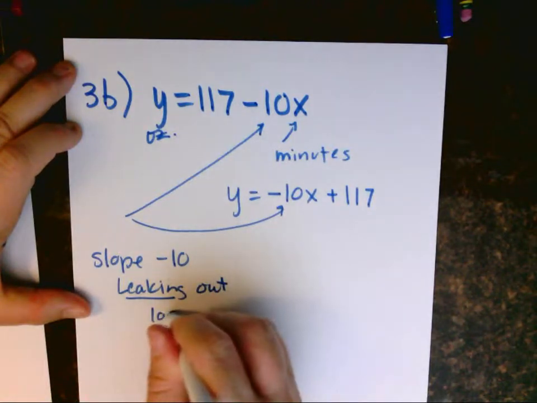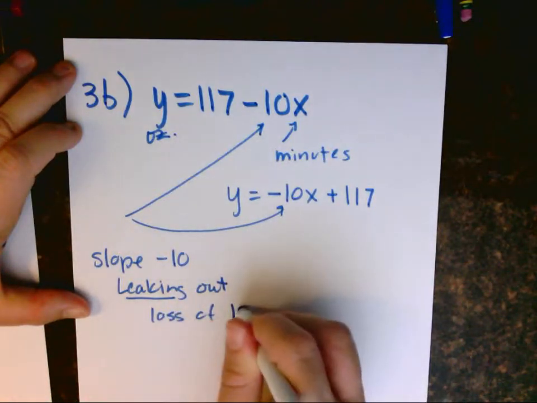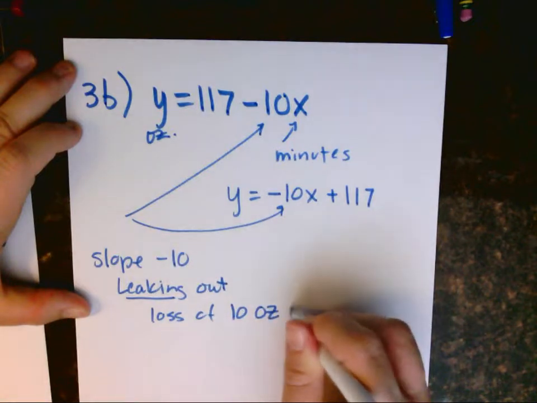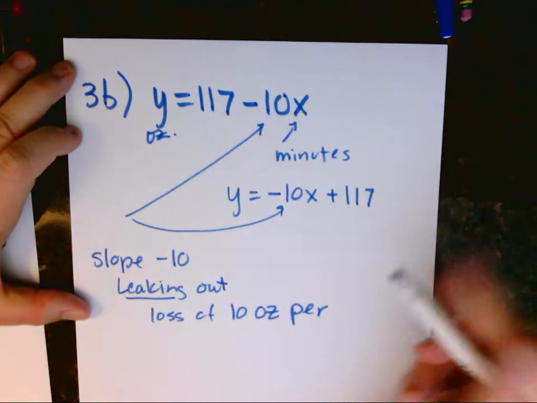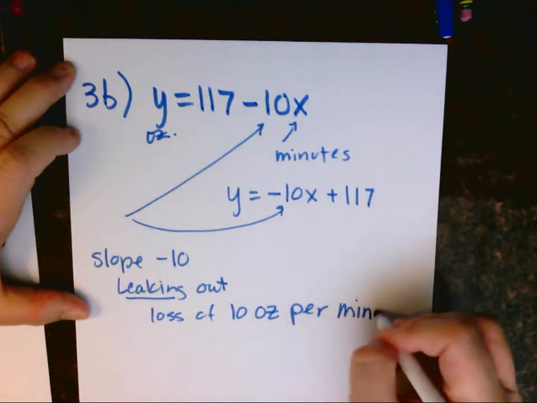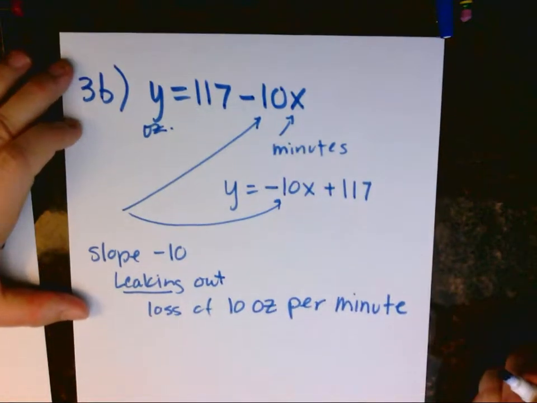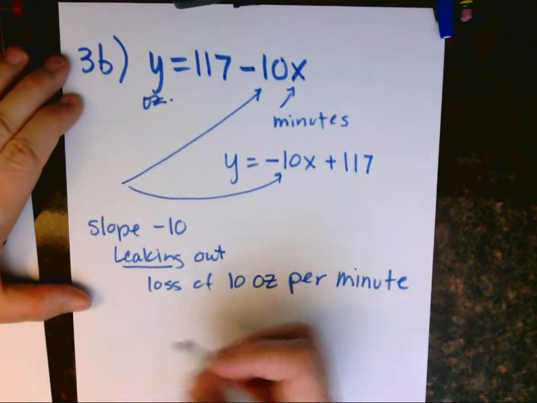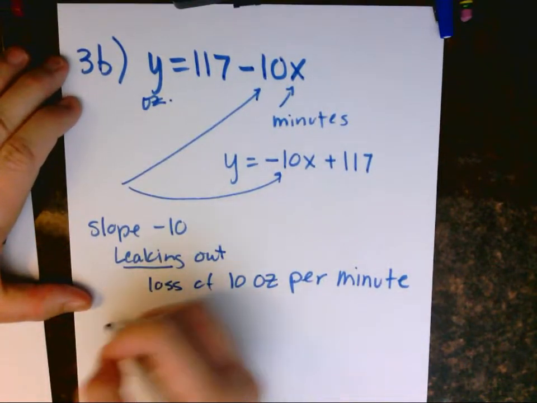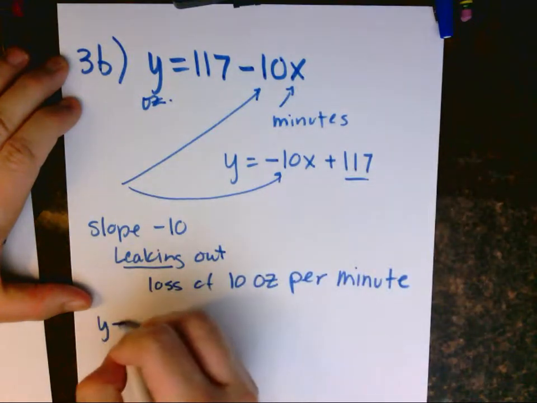It has a loss of 10 ounces per what? Per x, and per x is minutes. 10 ounces per minute is being lost. That's what the slope means interpretation-wise. Okay, then the y-intercept.